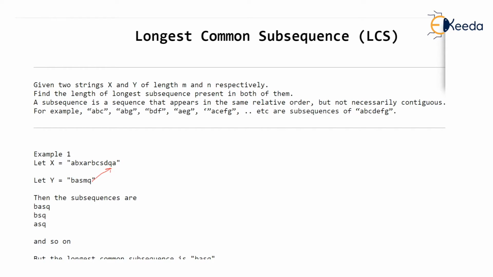Simply Q is a common subsequence. Yes, but what about the other characters? We have not compared them. But in the same direction from left to right in both the strings, we have a match Q and we have stopped comparing. So Q is a common subsequence. By the way, the problem is finding the longest common subsequence, and that is BASQ in this problem.